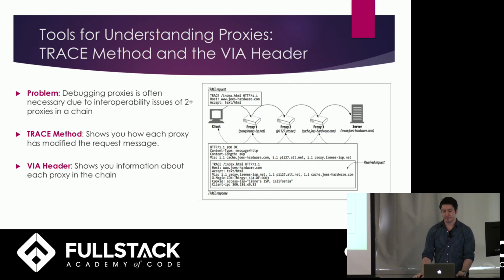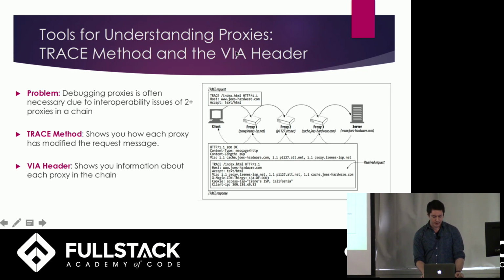Because there are often more than 2 proxies in a chain, it's often important to debug what's happened to a request along the chain. So there are 2 ways to suss out what's happening to the message. The first is to run the trace method, which shows you along the proxy chain how the request is being altered.